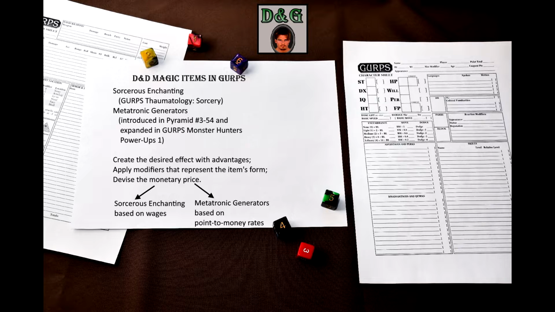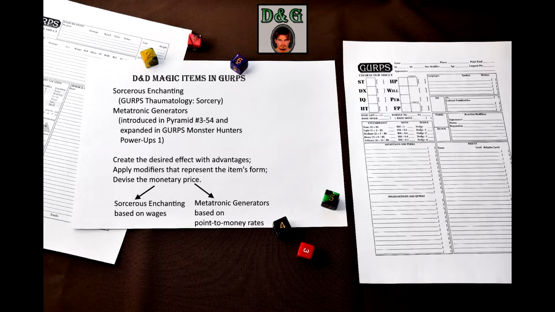I find the fact that sorcery enchanting renames the final point value of the item to EP, enchantment points, to be something that can confuse the player or the GM. It might even make them think that it's much more complicated than it actually is. Basically speaking, there's nothing different between designing an ability and an enchanted item.